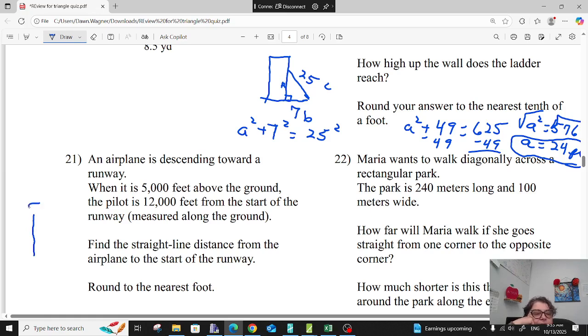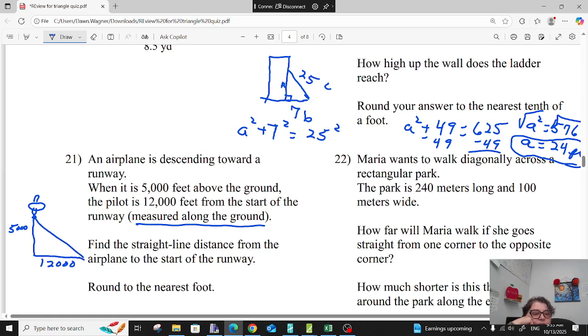here's the airplane, right? Whee, airplane. And I'm 5,000 feet above the ground. And the pilot is 12,000 feet from the start of the runway measured along the ground. So if I'm measuring along the ground, this would be 12,000 here. Find the straight line distance from the airplane to the start of the runway.